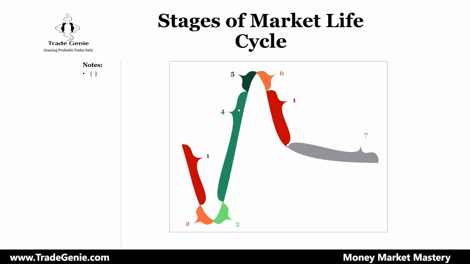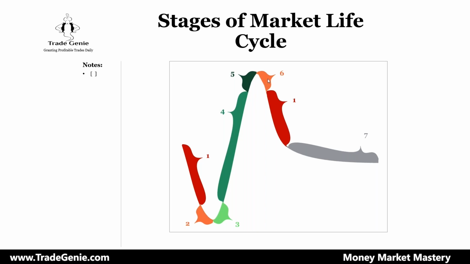Then this is stage 4, which is the parabolic move. This is a very highly bullish move, denoted as number 4. Then there is number 5, which is even darker, an uptrending market. Then number 6, orange, is a downtrend, but there's not much selling pressure.